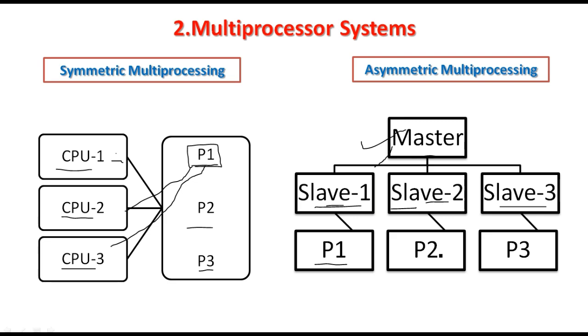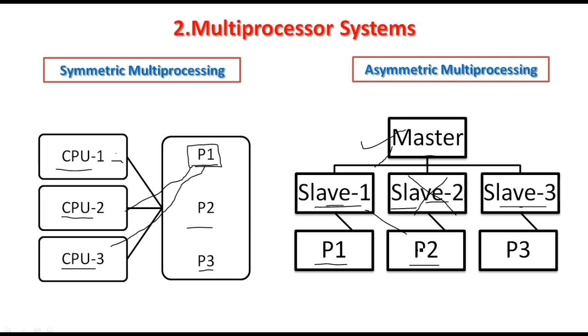Assume that slave 2 is not working now. What happens? P2 will not get executed, so it will wait for the master to choose either slave 1 or slave 3 to perform this operation. Who will decide? The master processor will decide, because the master processor controls the system.